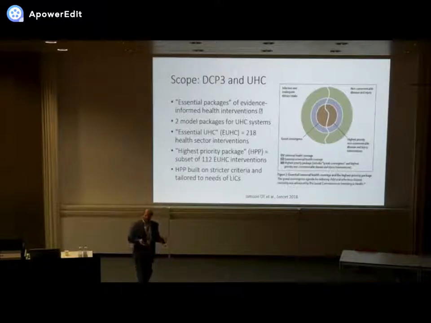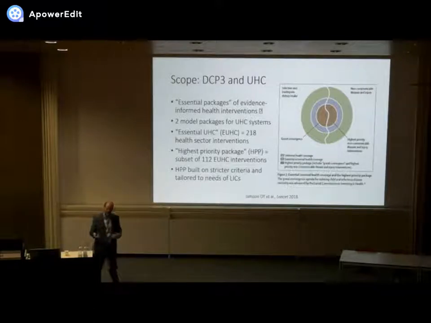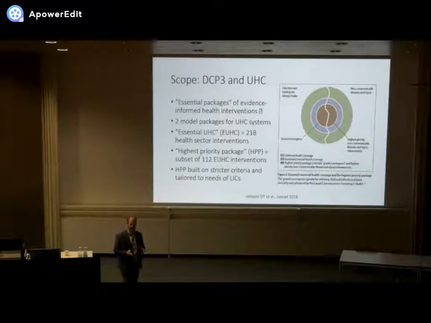That essential UHC or EUHC package contained at the end of the day 218 health interventions from across DCP3. And we further defined a subset called the highest priority UHC package, or HPP, which was 112 interventions. And we got to this highest priority package really thinking about the resource constraints and needs of low-income countries.